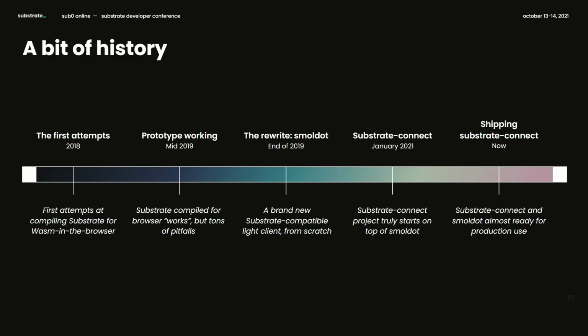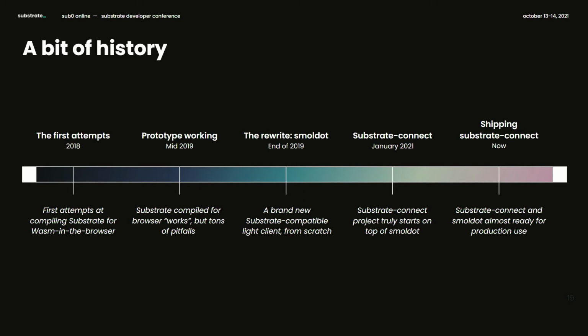A little bit of history. So if you've been following Parity, I've actually given 2 talks about this exact same topic in the past, but this time it's ready, whereas the previous talks were just about what we're going to work on in the future. We started in 2018 trying to compile Substrate itself for the browser, for WebAssembly in the browser. By mid-2019 it was working, but really not great.